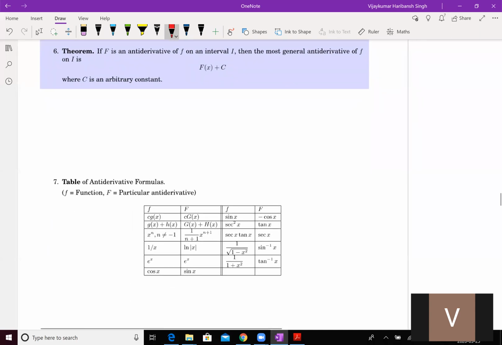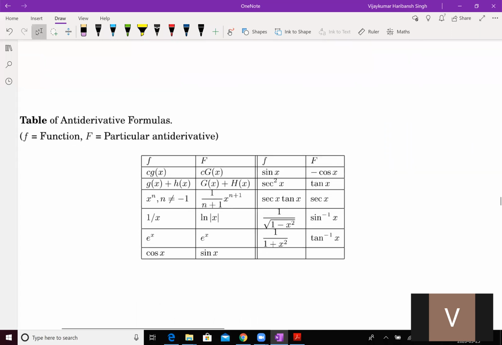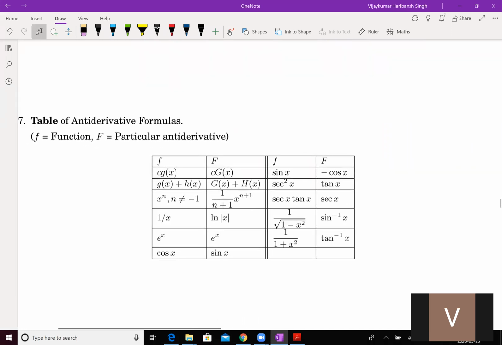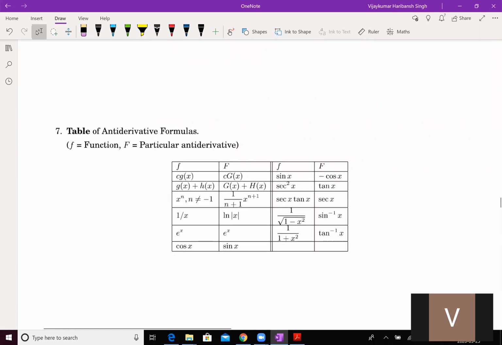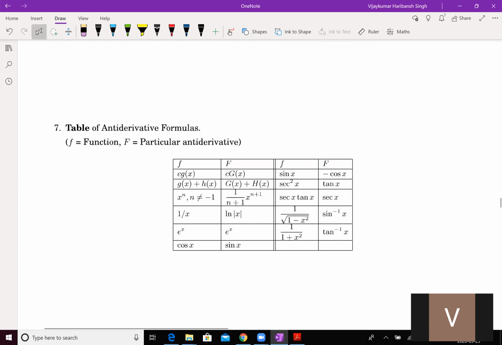So here's a table for antiderivative formulas. The notation is the following: suppose the antiderivative of g of x is capital G of x, then the antiderivative of c times g of x is going to be c times capital G of x as well.